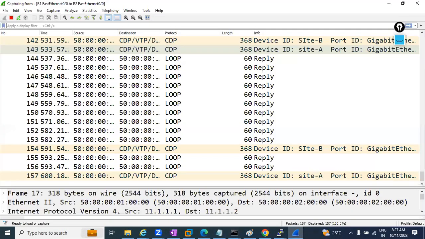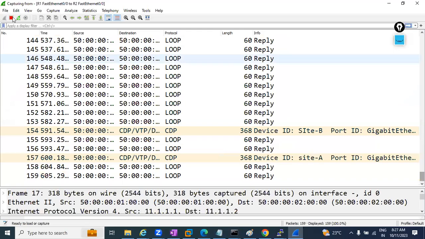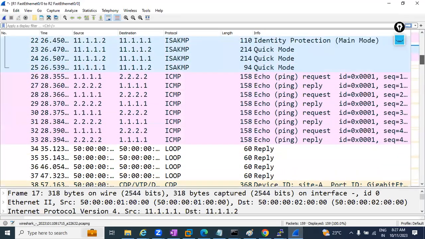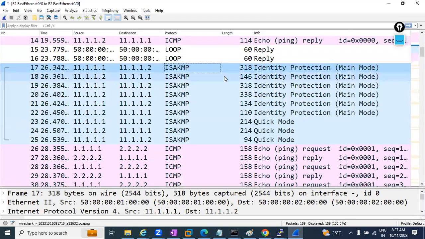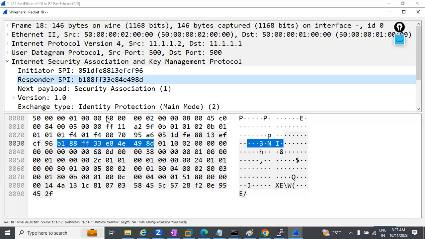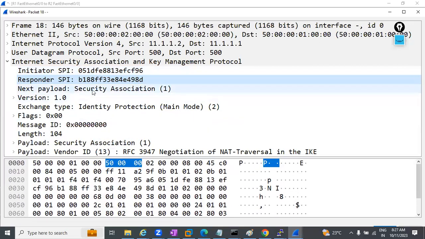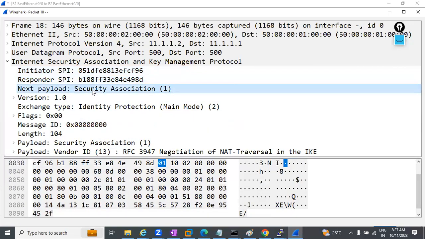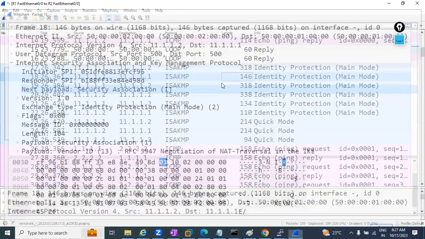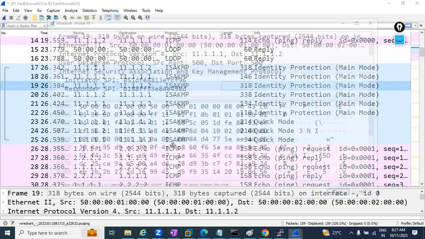If I talk about the first and this is my second message, in the second message also, what is the next payload? This is security association. But if I get to the third one, the third one is not about security association.